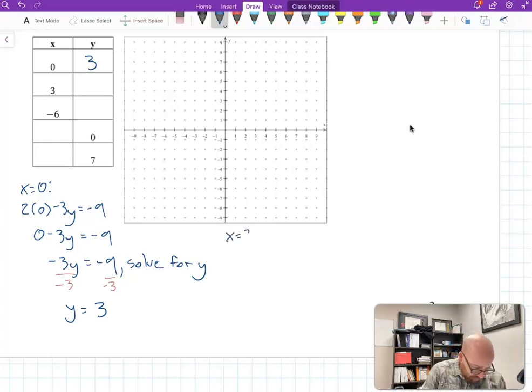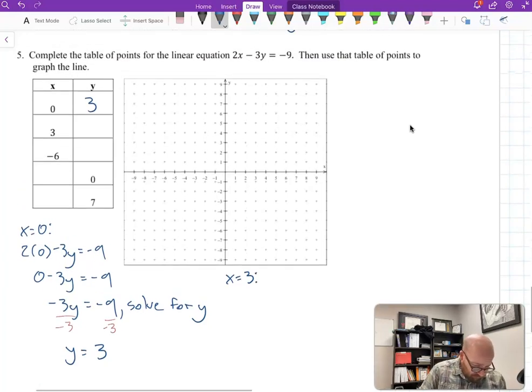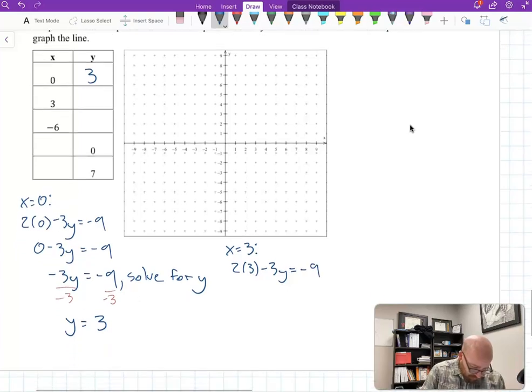x equal to 3. So we have 2 times 3 minus 3y is equal to -9. 2 times 3 is 6. So to start solving for y, we need to subtract 6 on both sides.